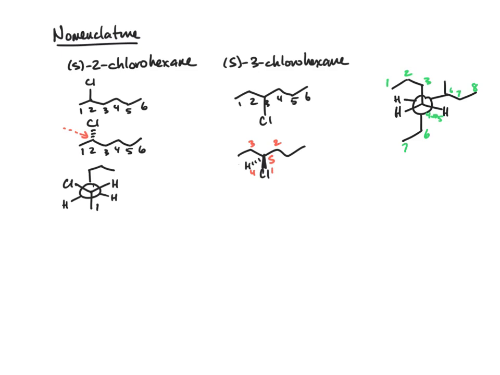So 8 carbons is what parent? And then we have substituents off which carbons? So what's on carbon 5?